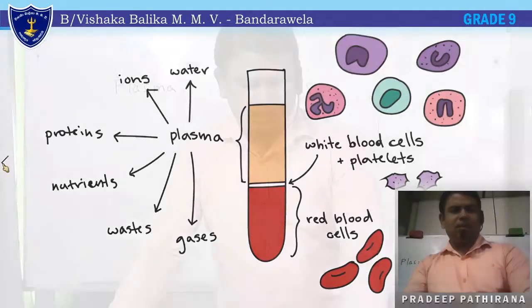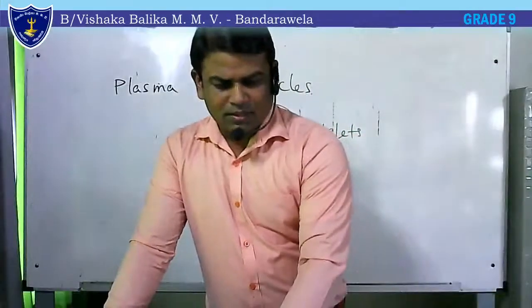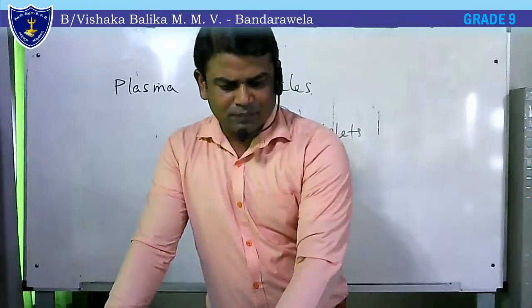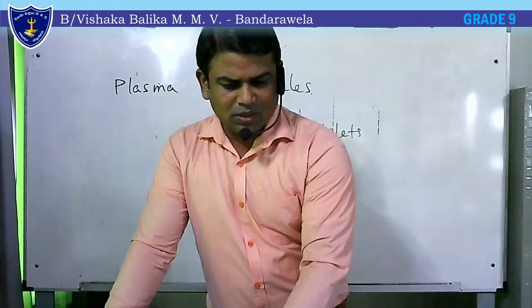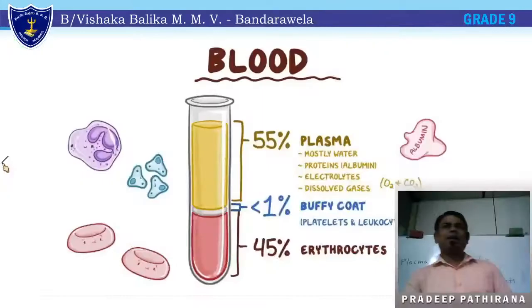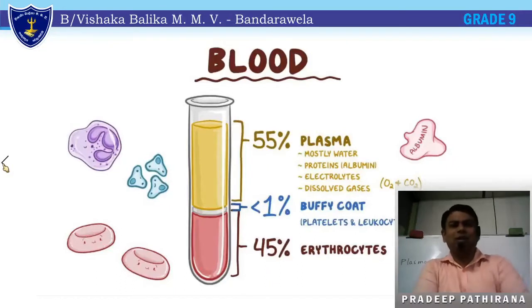And again, I'm searching for different images here because I just want to show you the percentages now. Look at the percentages. 55% is the plasma, mostly water, with proteins like albumin dissolved in it, electrolytes like ions or minerals dissolved in it, and dissolved gases like carbon dioxide and oxygen.